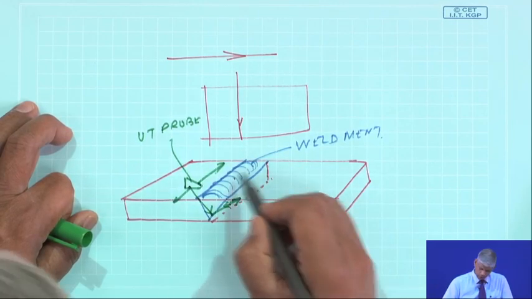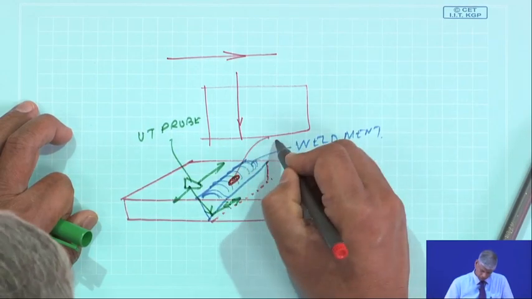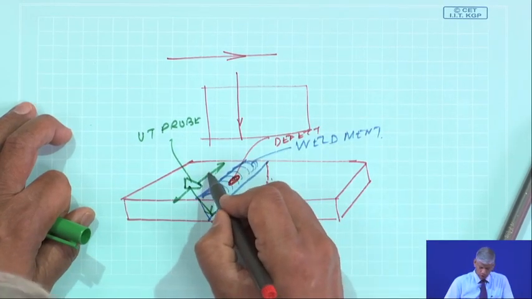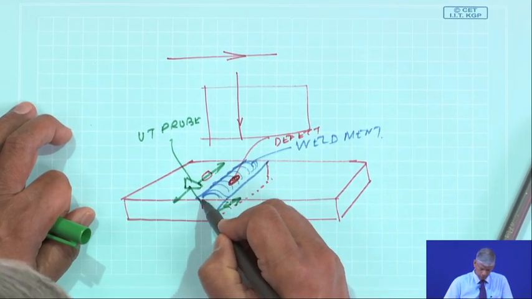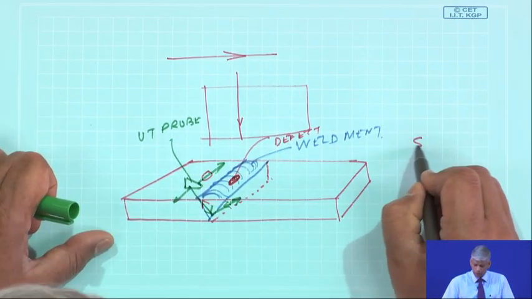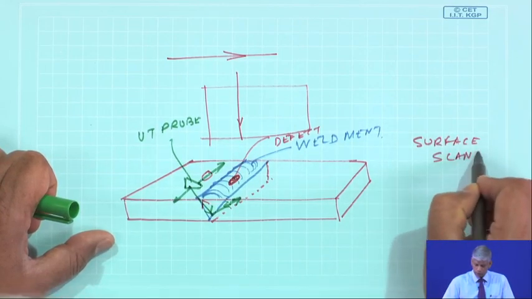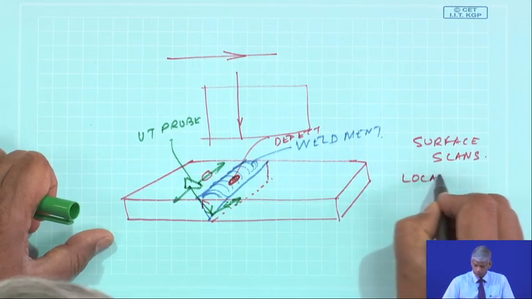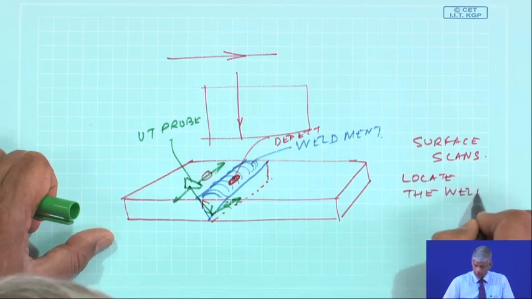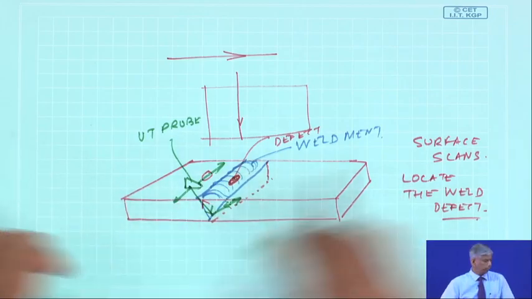Wherever there is a defect, the probe would get a different intensity of the reflected wave. So, such surface scans can be done to locate the weld defect.